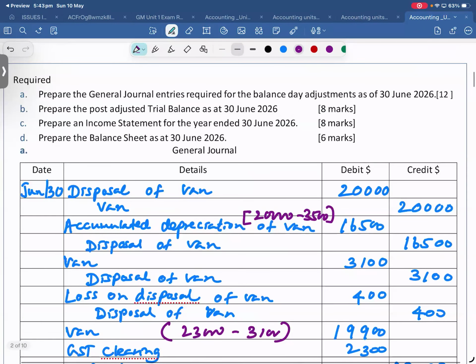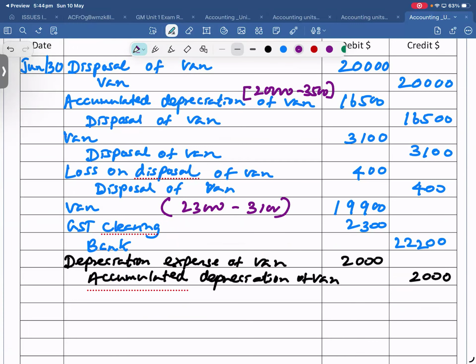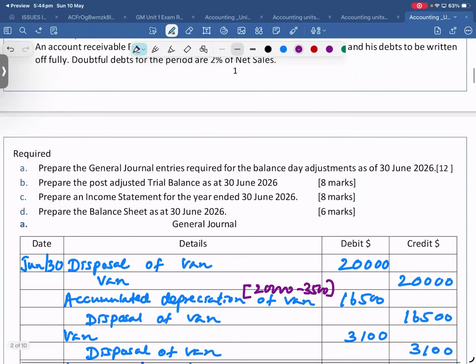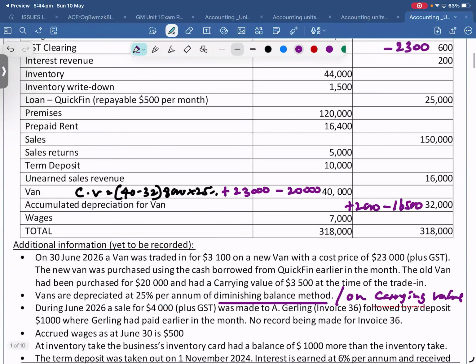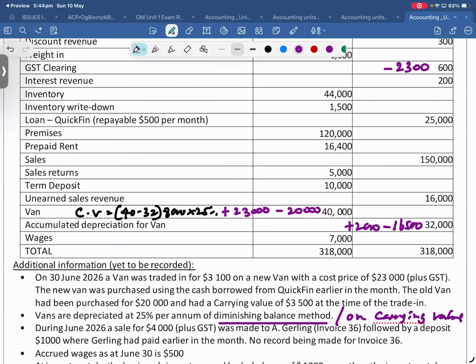Okay, guys, now. So we can, yeah. So then, how much is accumulated depreciation? 17,500.